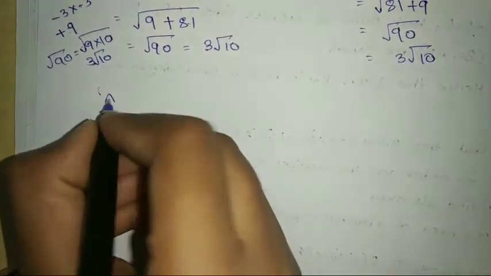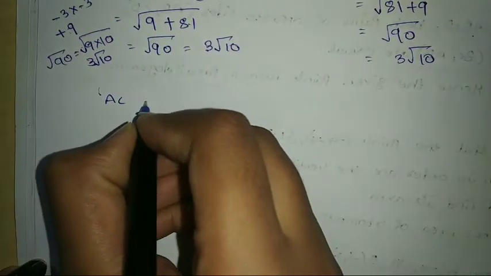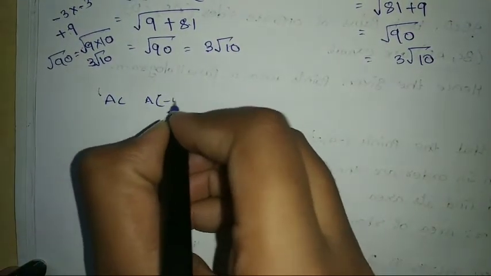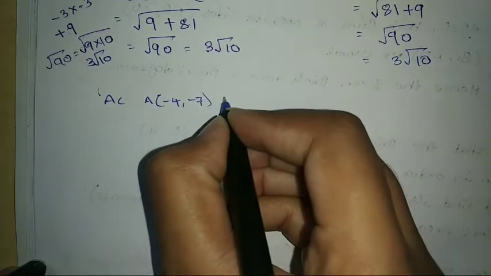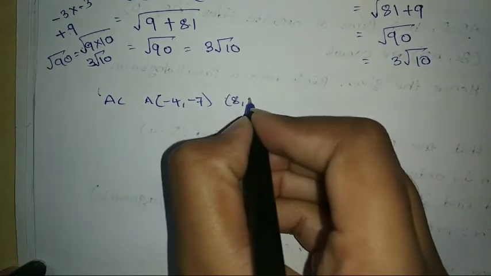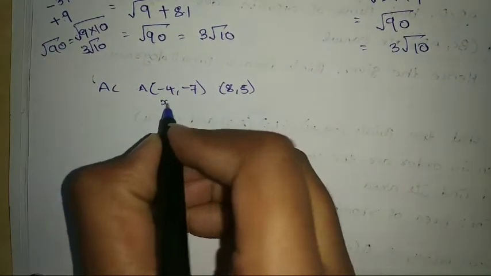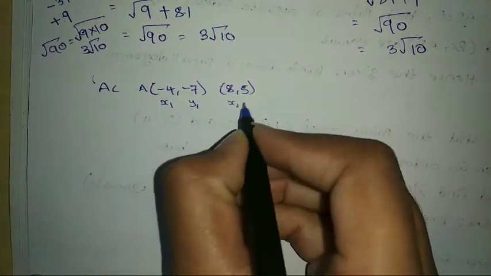Next AC distance. A point is minus 4 comma minus 7. C point is 8 comma 5. x1 y1 x2 y2.